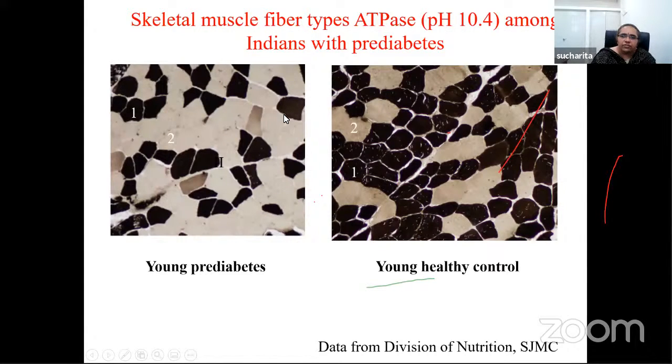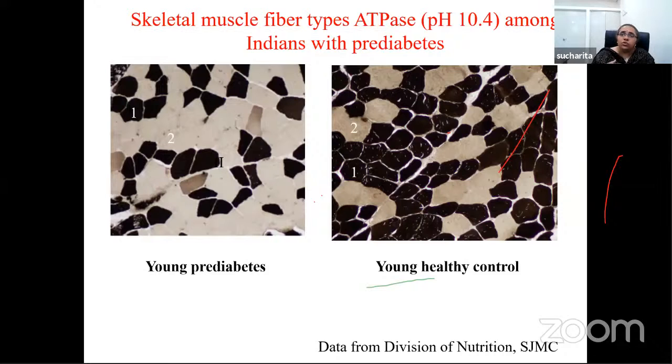So interestingly, when we looked at the type of fibers within pre-diabetes versus healthy control, we found that they had more glycolytic fibers compared to oxidative fibers. So it was very clear that when an individual has moved from being a control to a pre-diabetes status, not only did they start accumulating fat within the muscle, they also started changing their fiber types to be more glycolytic fibers.